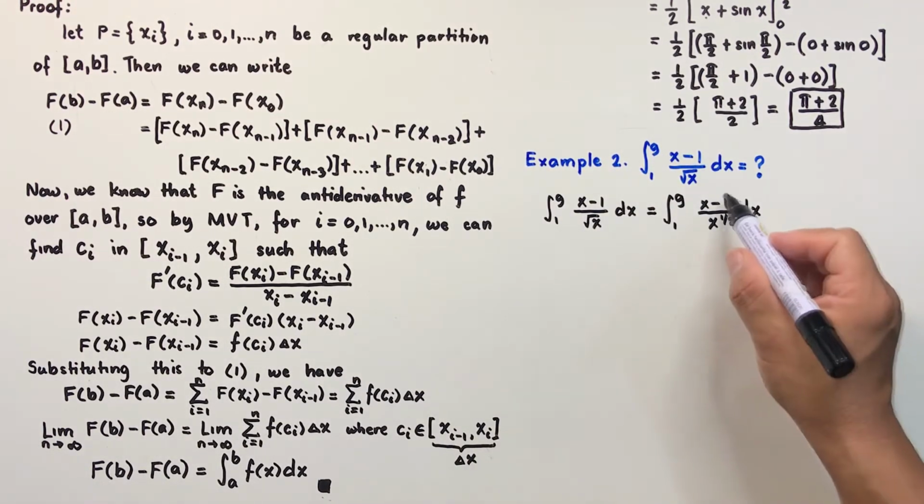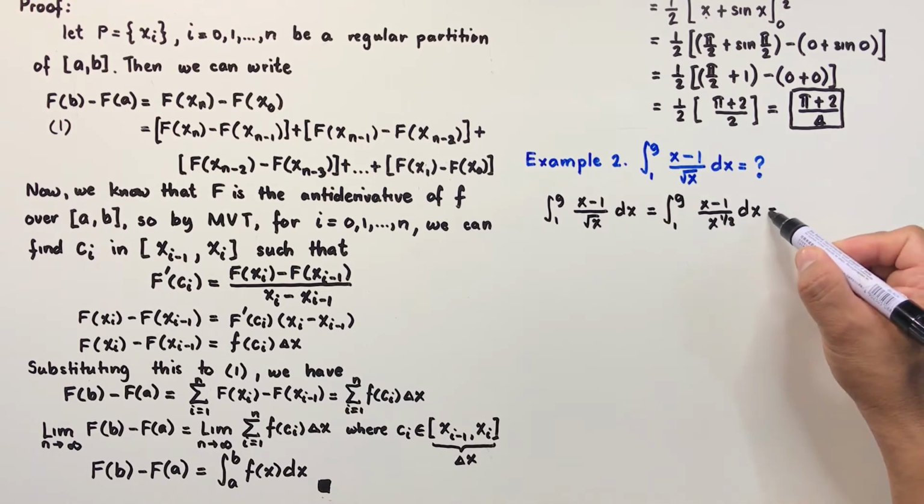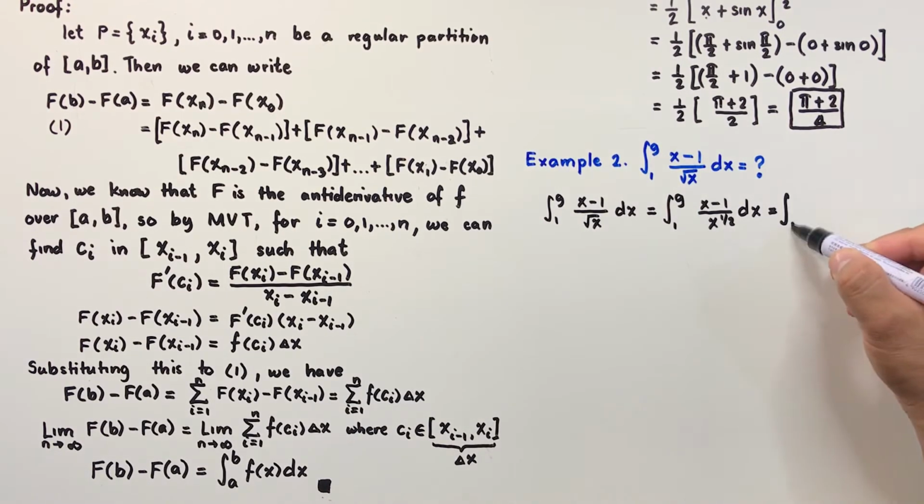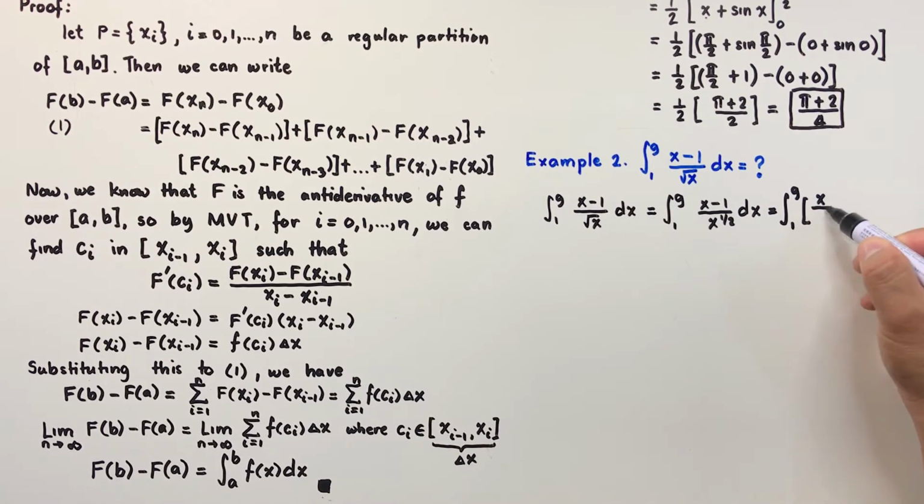Now breaking this whole fraction, we have the integral from 1 to 9 of x over x to the power 1/2 minus 1 over x to the power 1/2 dx.